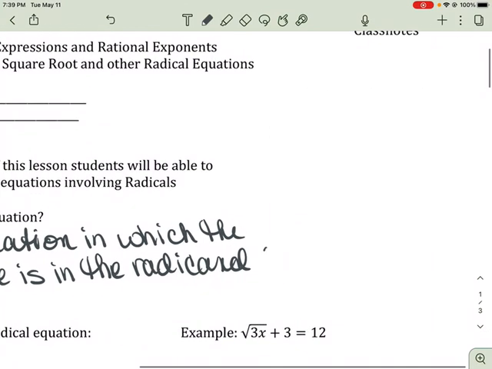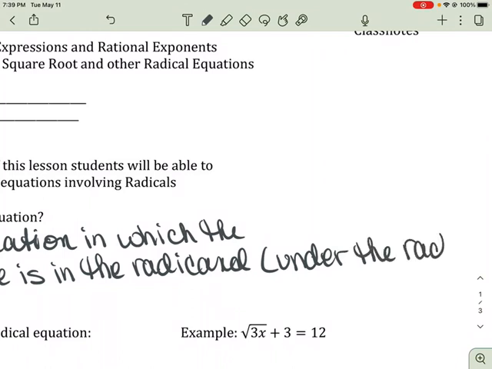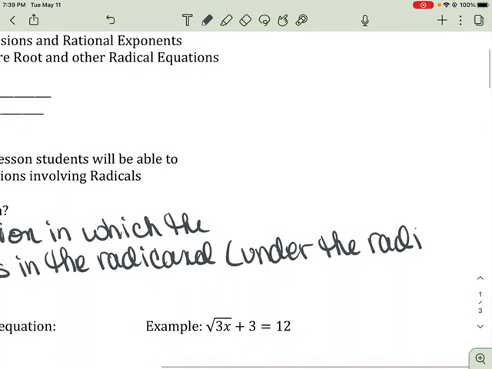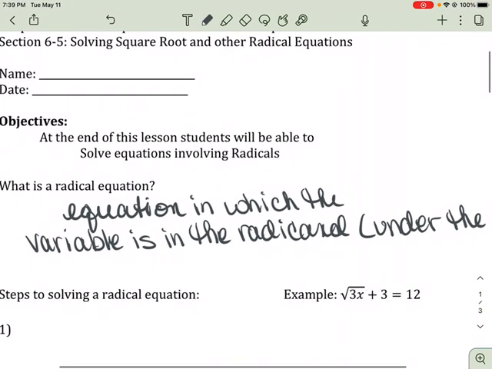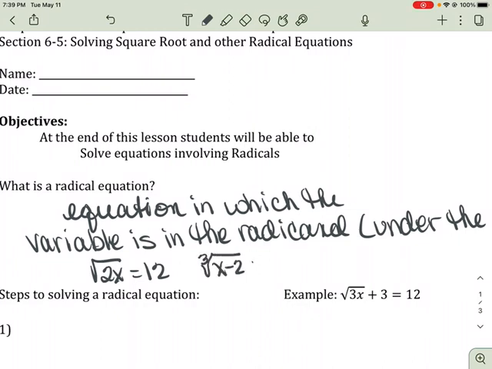Okay, and what I mean by that is under the radical. For example, the square root of 2x equaling 12 is a radical equation. The cube root of x minus 2 is equal to 16 is a radical equation.